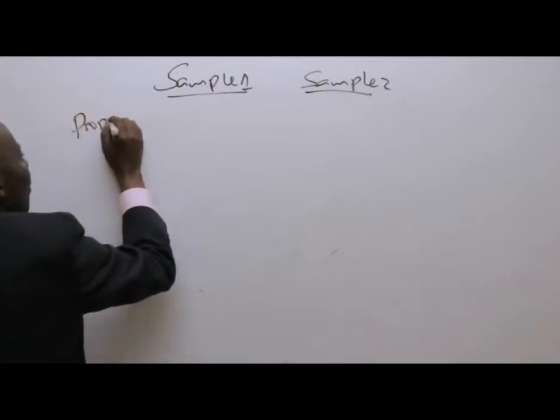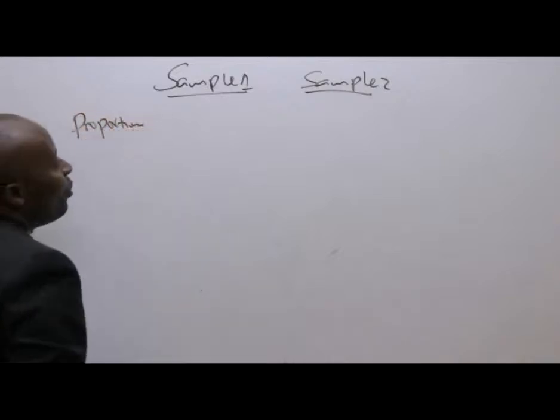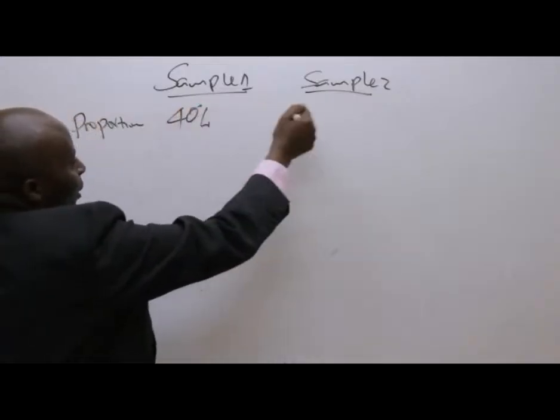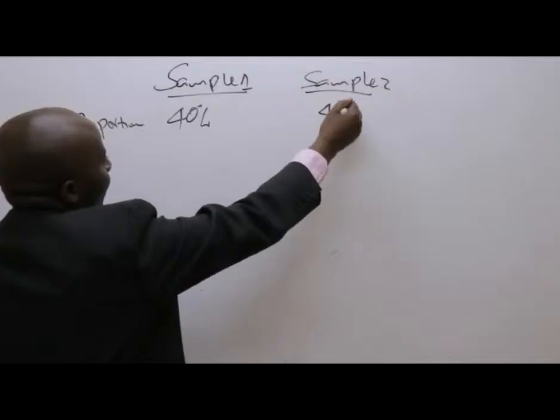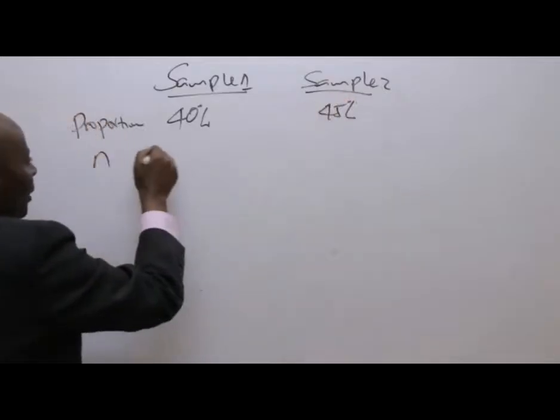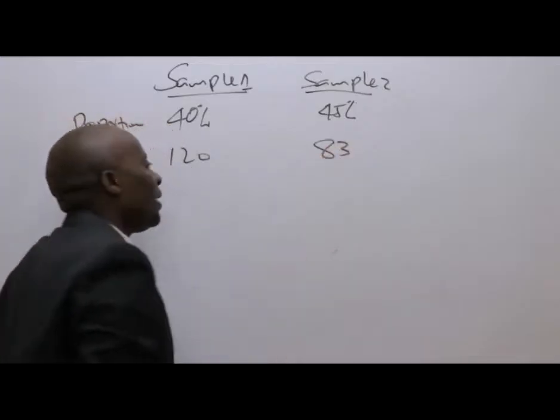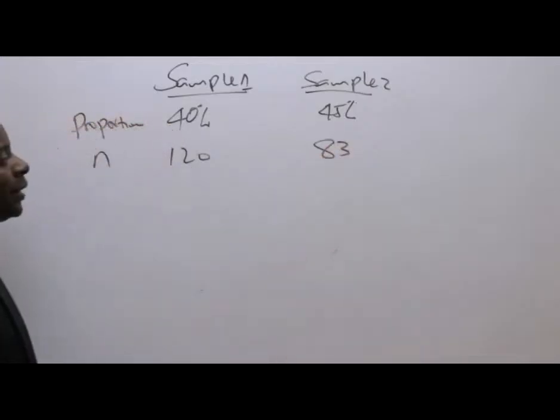We have our proportions: this could be 40%, this could be 45%. They have given us N: N here is 120, and N here is 83.